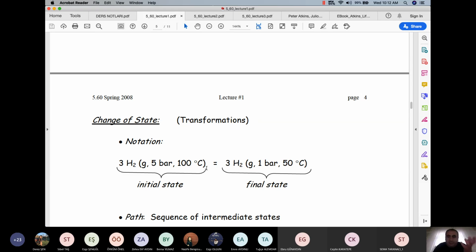If you have a system at a point, you can easily extrapolate what the macroscopic properties will be at another point that you prospect the system evolves.